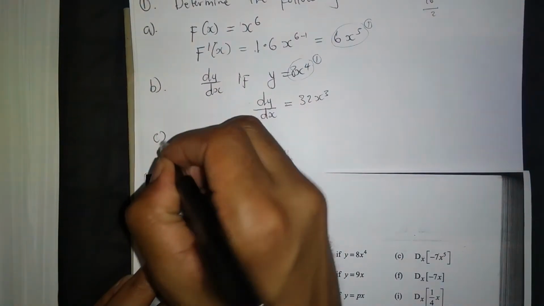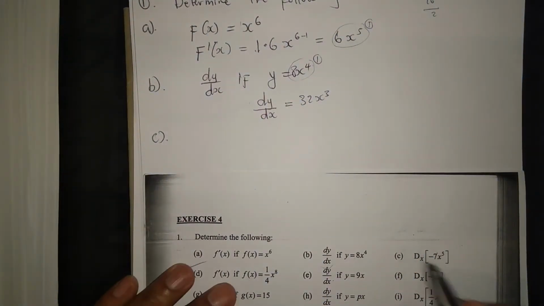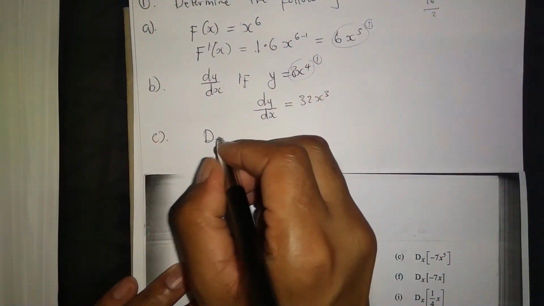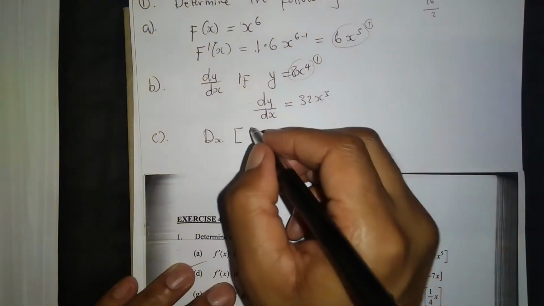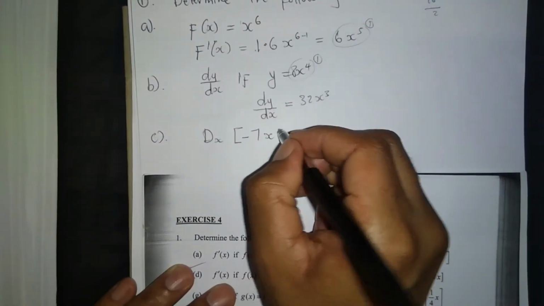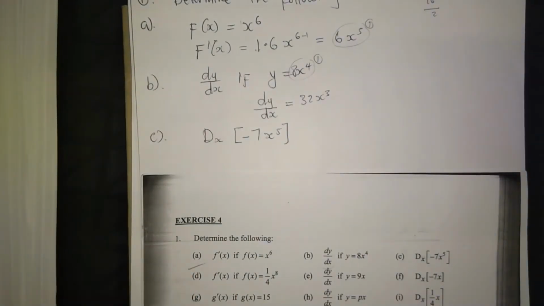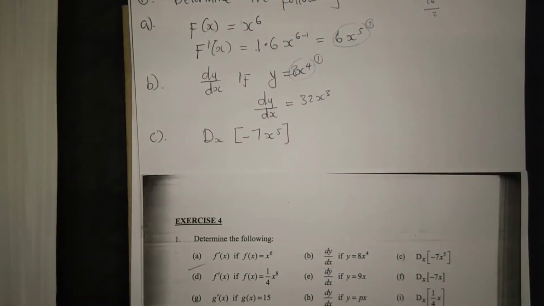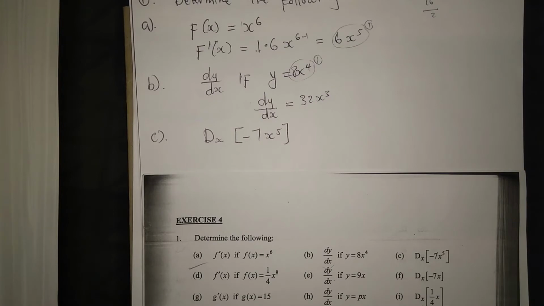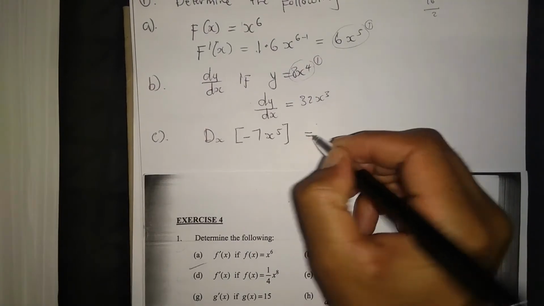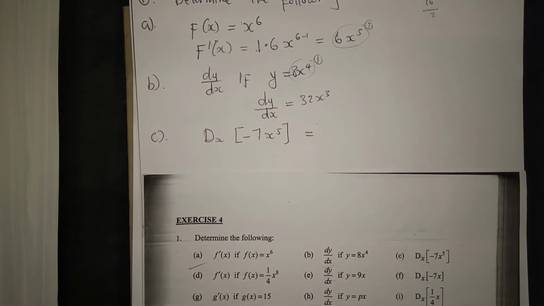So therefore, siyaku C ke manje. C sebenzisa a different notation or symbol. d over dx open bracket minus 7x exponent 5. So lana ke, sifuna a derivative in terms of x.